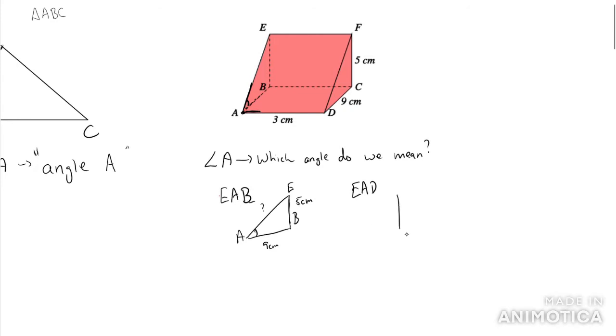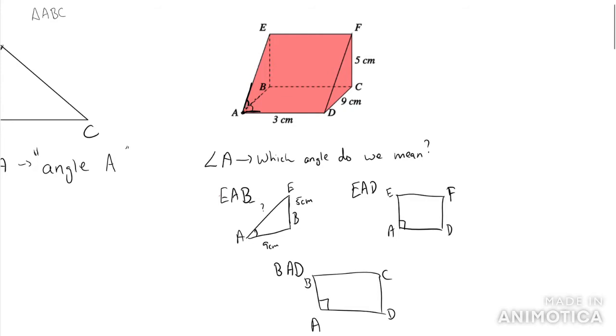So EAD is actually part of this face, and it's a 90-degree angle, or is it referring to angle A or BAD, which is part of the rectangle ABCD, and again it's 90 degrees, so it's the flat side.